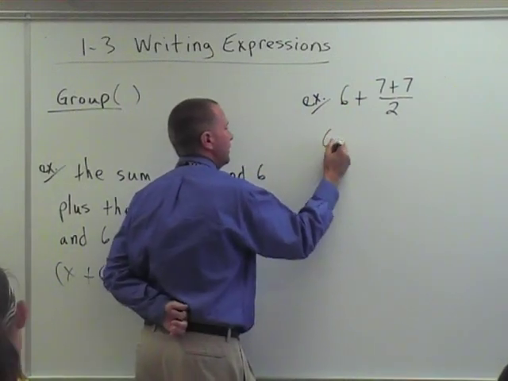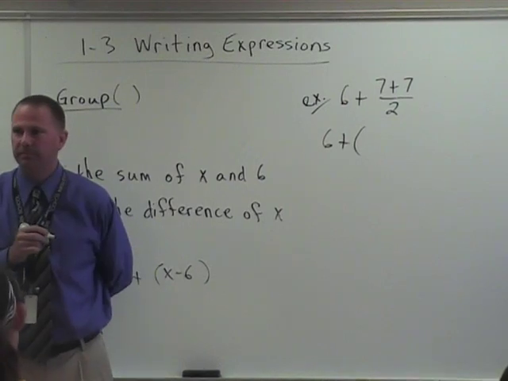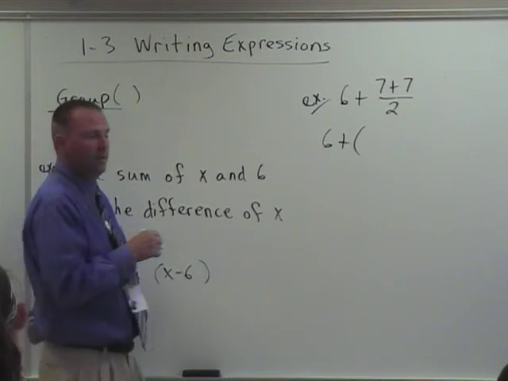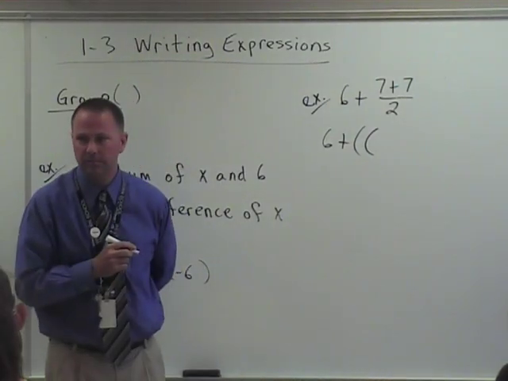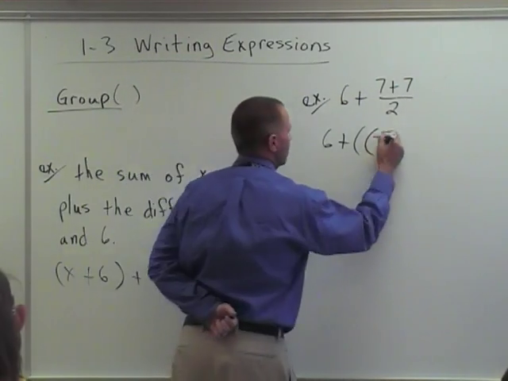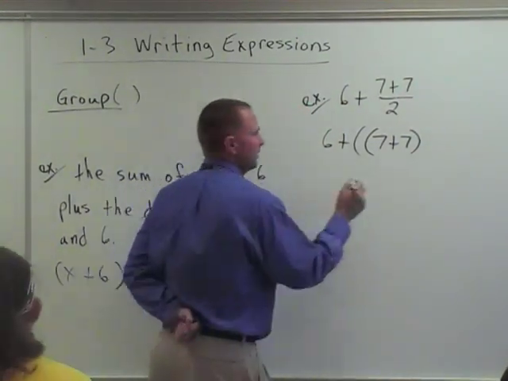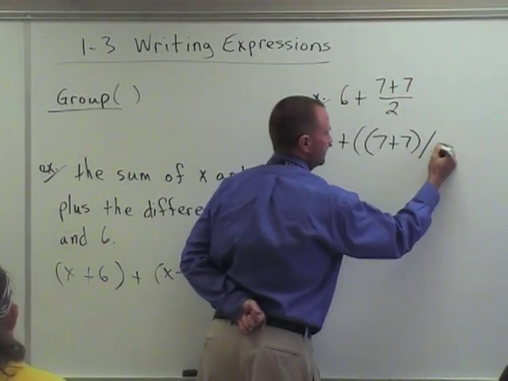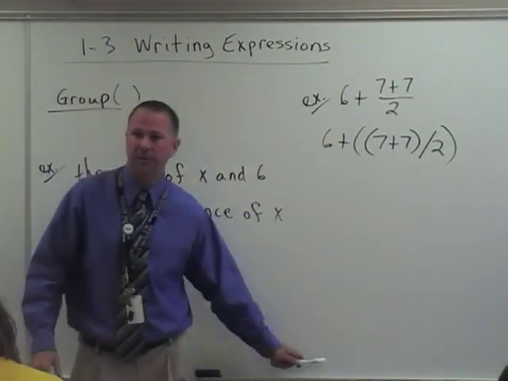Put this in your calculator. 6 plus parentheses, parentheses again, 7 plus 7 parentheses, a division symbol, 2, and then parentheses. Then hit your equal sign.